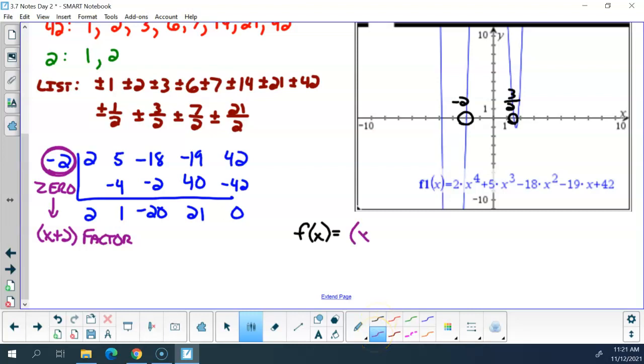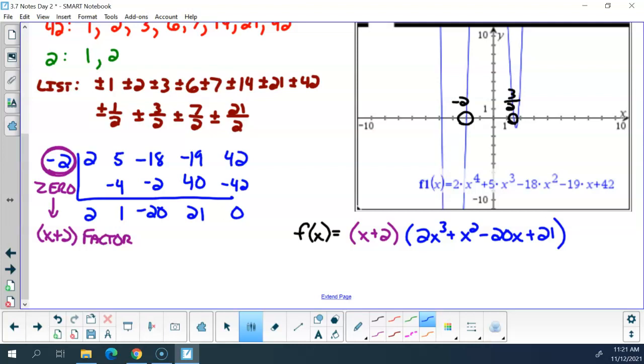So now my function can be written as x plus 2 times 2x cubed plus x squared minus 20x plus 21. Can the blue be factored? Doesn't really matter because we have another 0.